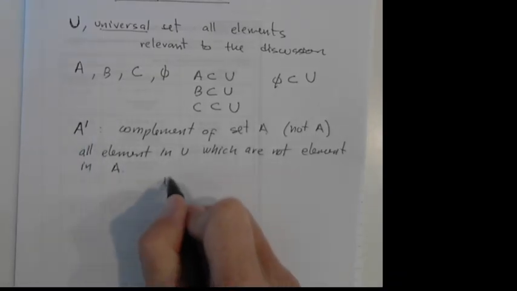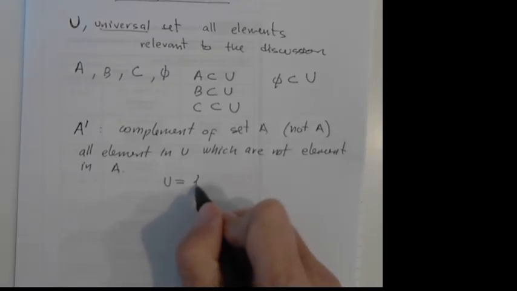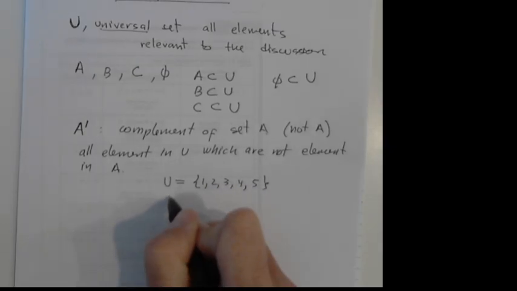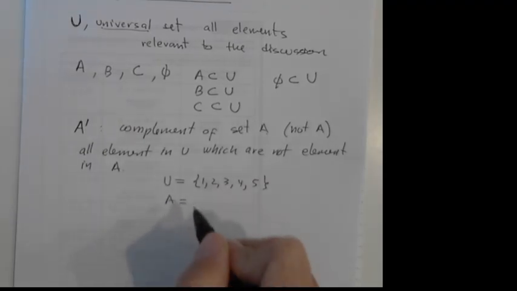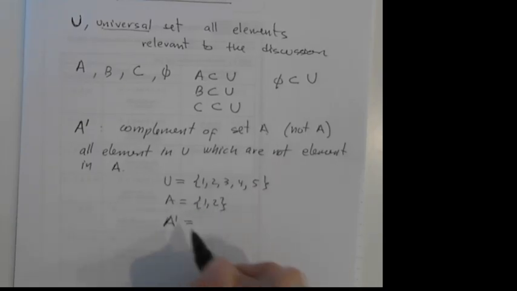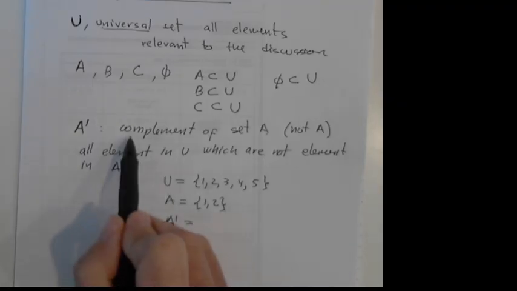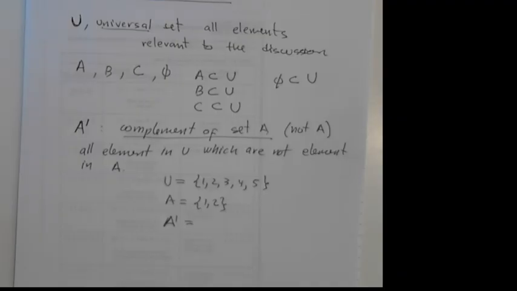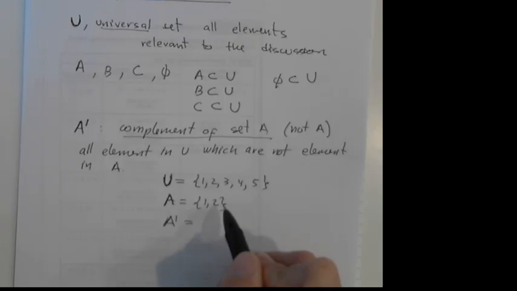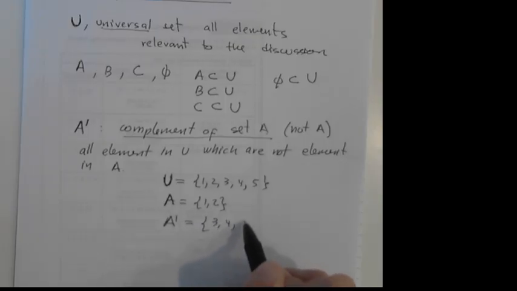For example, if my universe is numbers from 1 to 5, and let's say A, just because I want to call it, is going to be 1 and 2, then not A, or complement of A, that's the proper terminology, complement of set A, but I call it not A, are elements in U that are not elements in A. So it's going to be 3, 4, and 5.